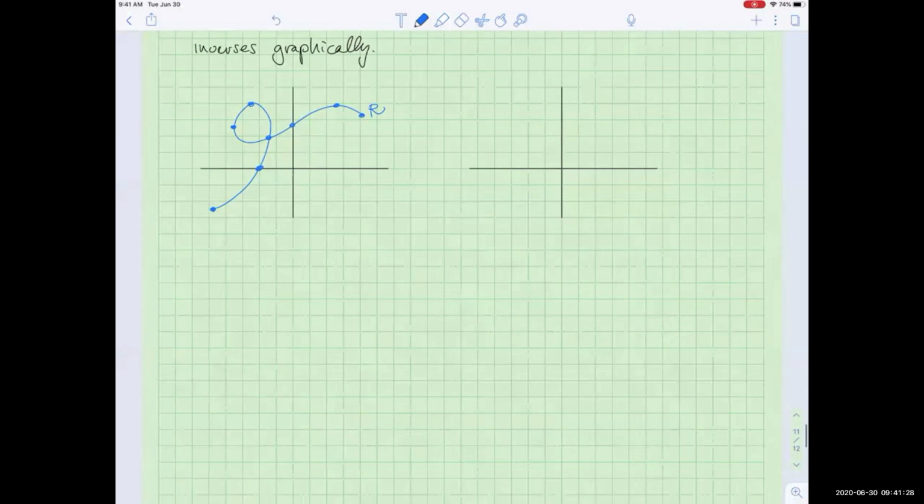I'll make up a scale and put ordered pairs here, here, and here, and hopefully I can connect the dots.